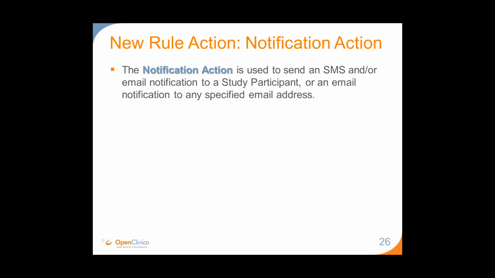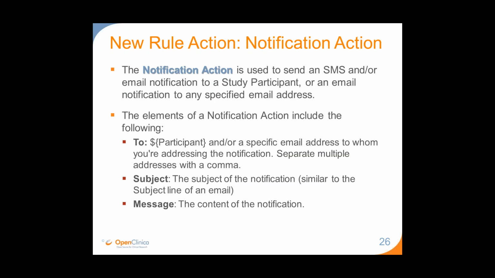The new rule action to accommodate notifying participants of upcoming visits or forms is the notification action, and that will send SMS and/or email depending on how you connected the patient. There are variables that you can pass to the notification action, and I'll go over the list of those.